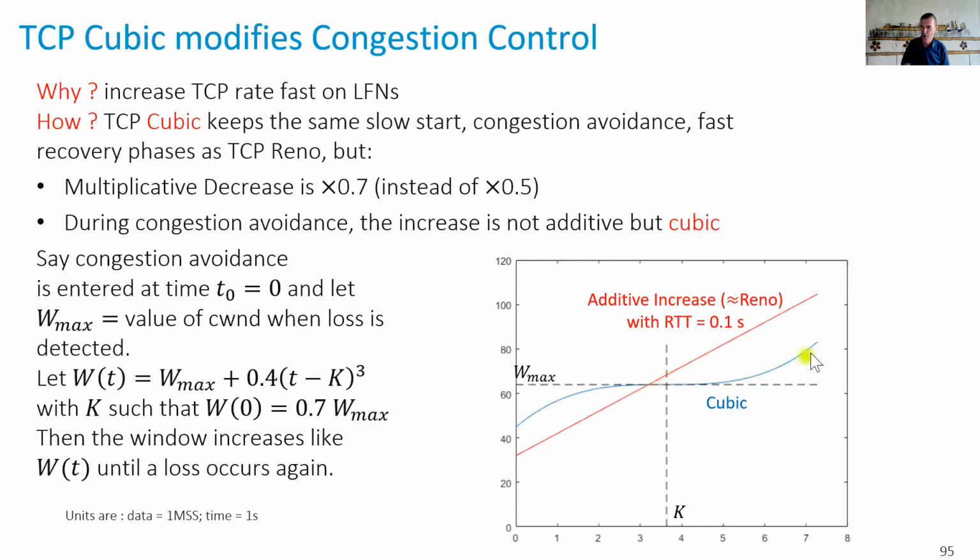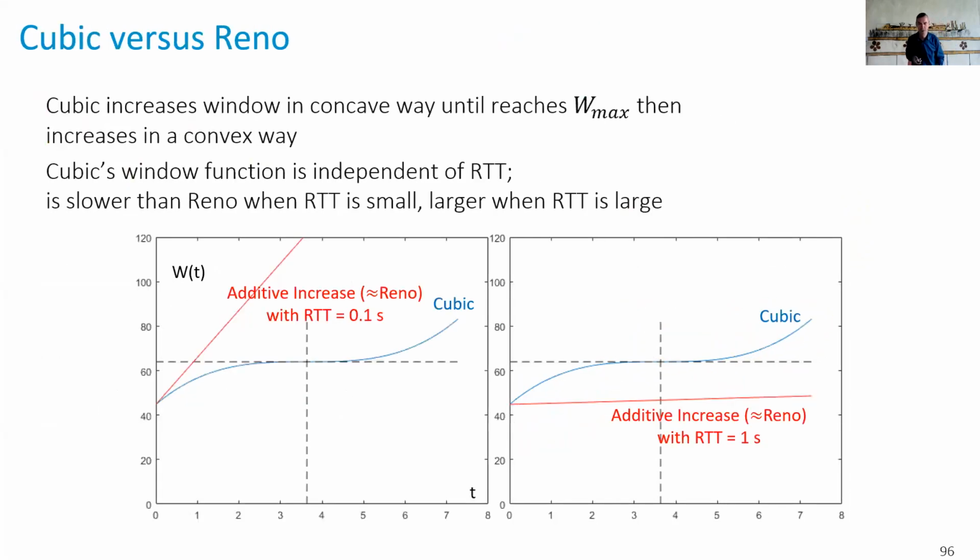And then it will become very fast, faster than a quadratic function. So when we pass this value here, we go very, very fast. So this is what Cubic is doing. This is why it's called Cubic, because this function is cubic here.